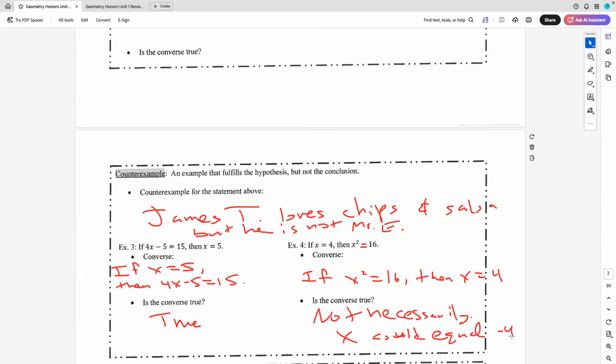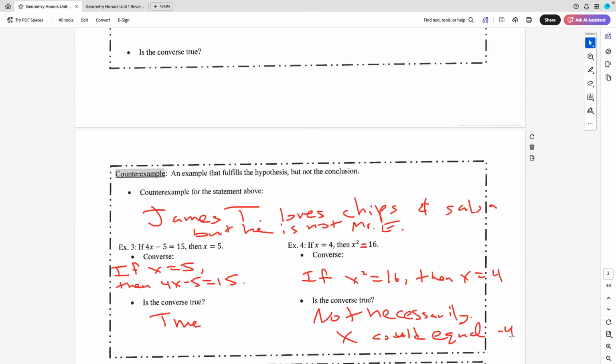Let's pause a little bit because I know I'm going a little fast. Again, converses are sometimes true, sometimes not true. It depends. Another good example might be from sports. George Kittle plays for the 49ers.